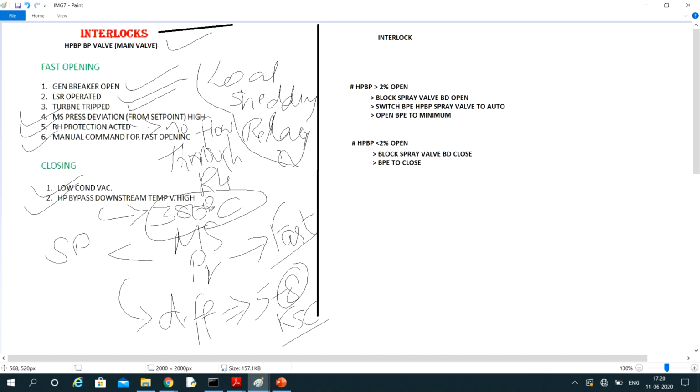Also there are interlocks for the block spray valve, the BD valve and the BP valve, the HP bypass individual spray valves.